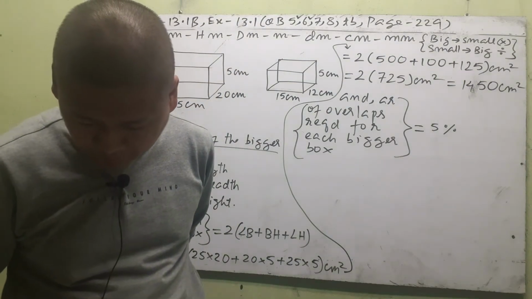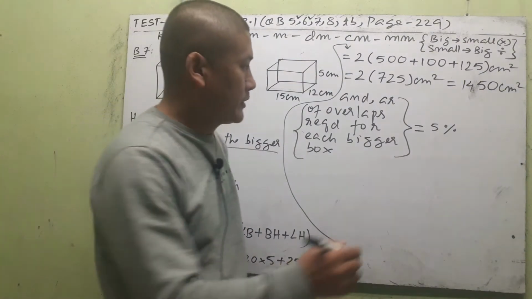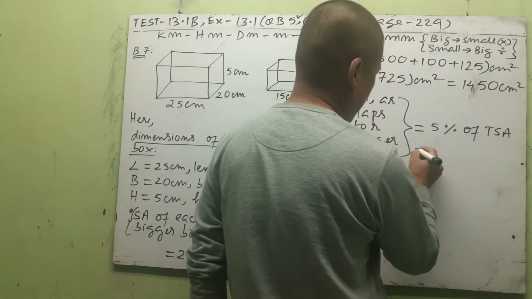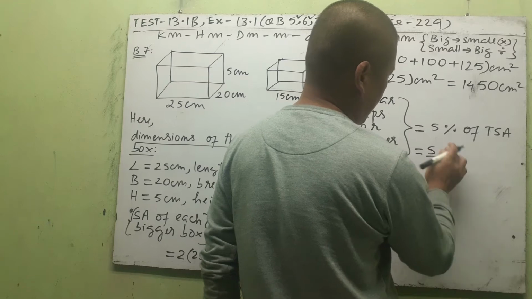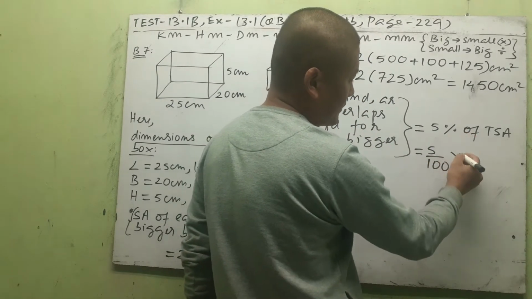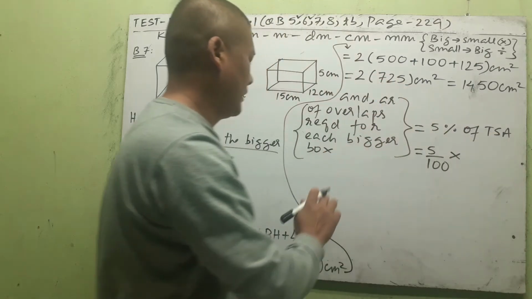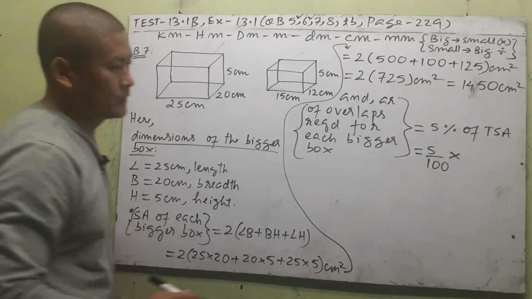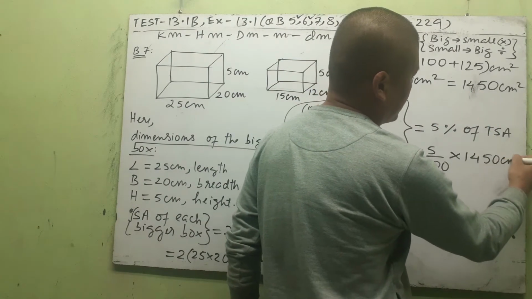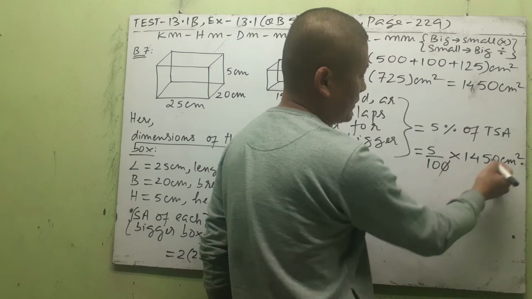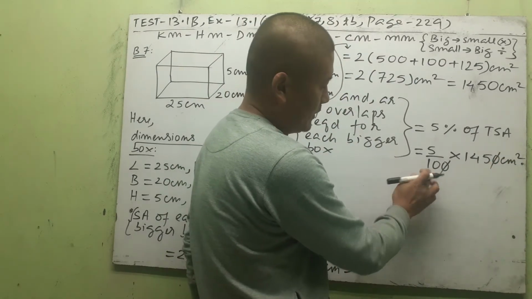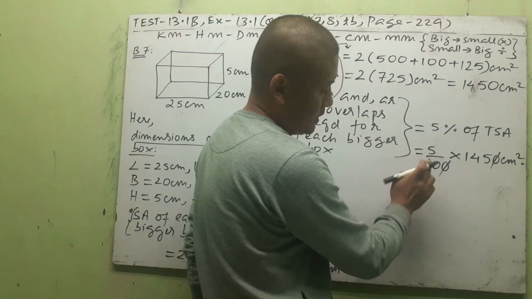of total surface area. So 5% of total surface area, which means there will be 5, and if we remove percent, we know 100 comes in the denominator. Of means multiplied, and total surface area is 1450 centimeter square. So this 0 and 0 cancel. Okay, and this 0 is very easy to divide, so even though we can cancel, we just keep it.